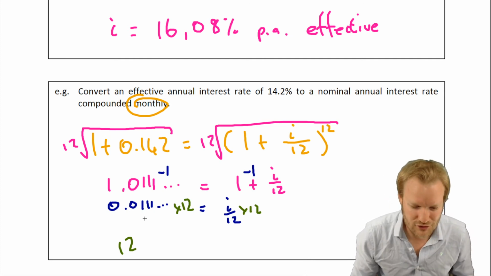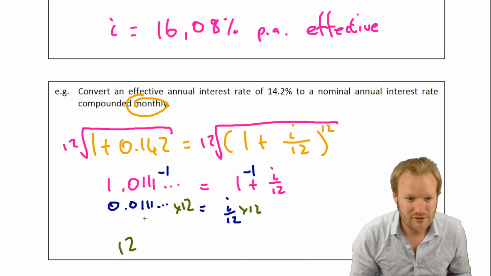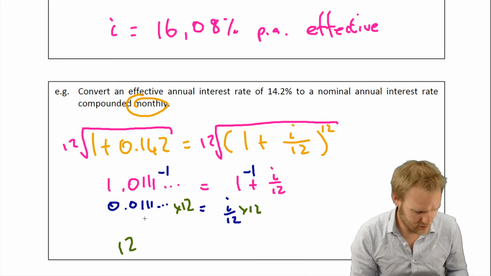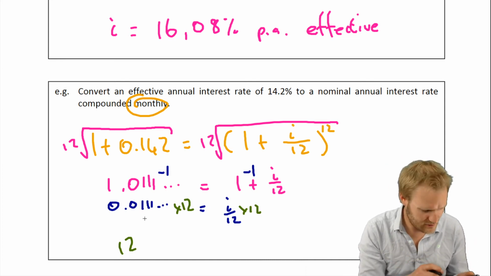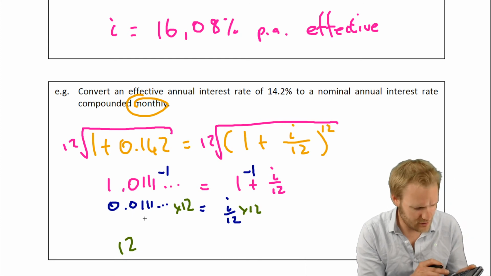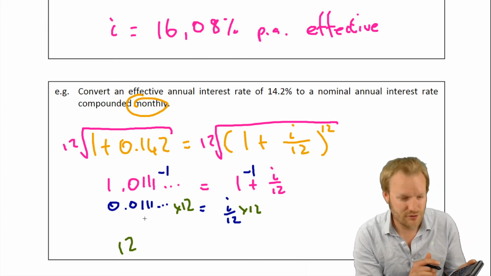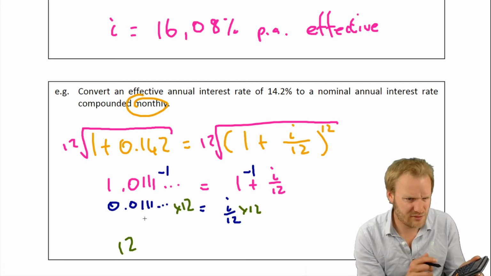I'm getting a different answer to what I got the previous time, and that's no good. I'm going to recheck my steps here. I'm getting so excitable here. The 12th root of 1... Do you think I used 0 something there to start with? I think that's where the issue came in.